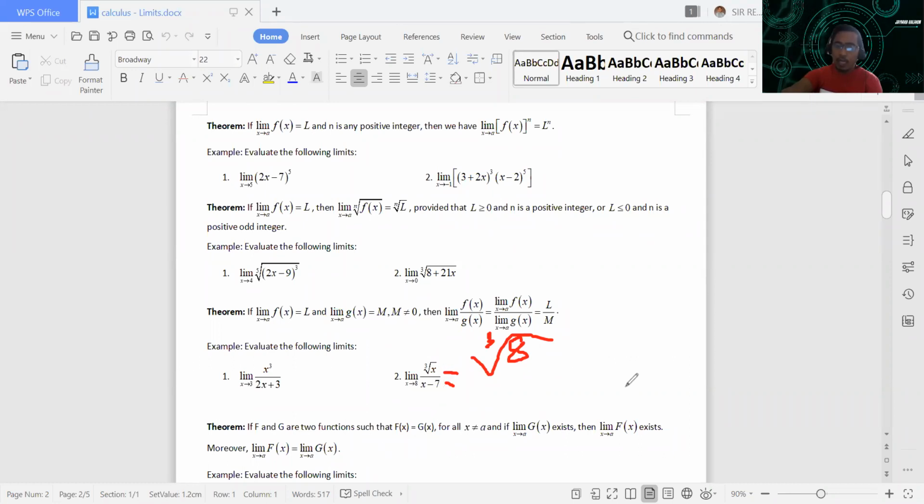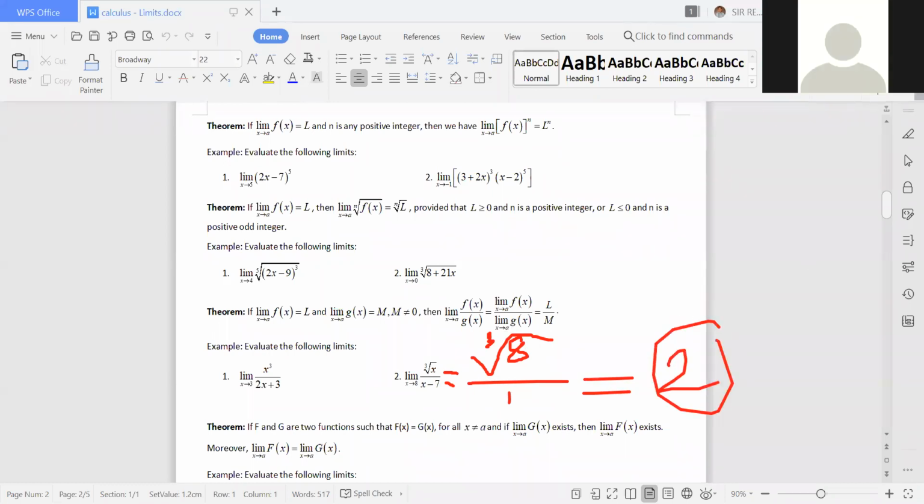So we will need another theorem. As of now, it will work for this. So it will be 8 minus 7, that will give us 1, right? And the cube root of 8, we know that is 2. So your answer is 2 over 1 or simply 2. Yes, sir. The answer is 2.